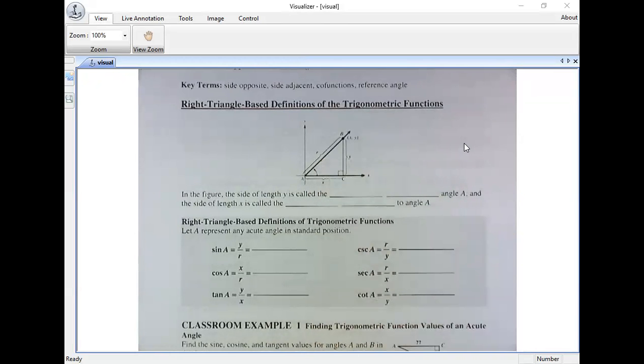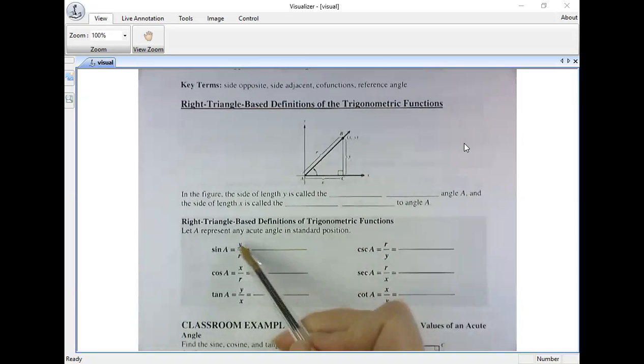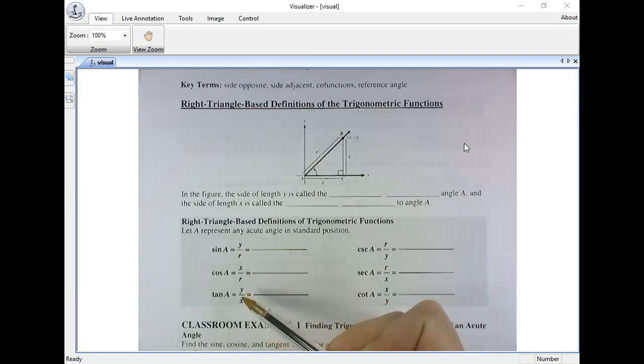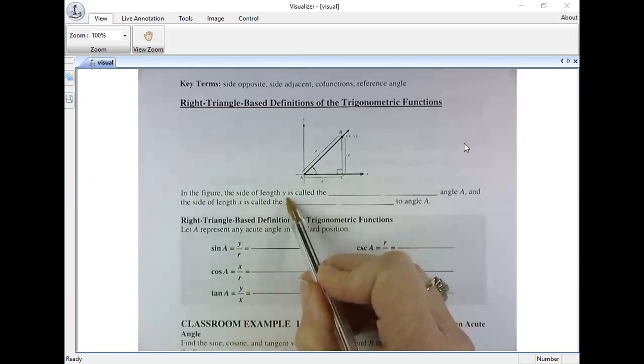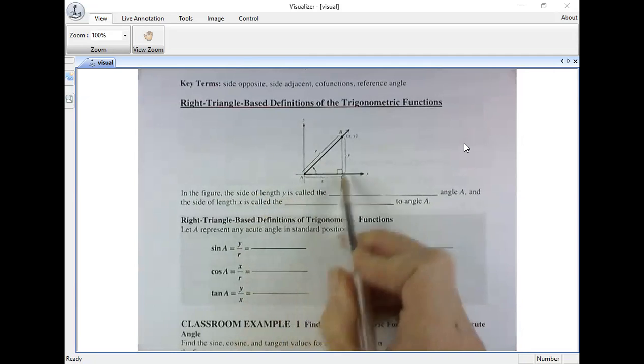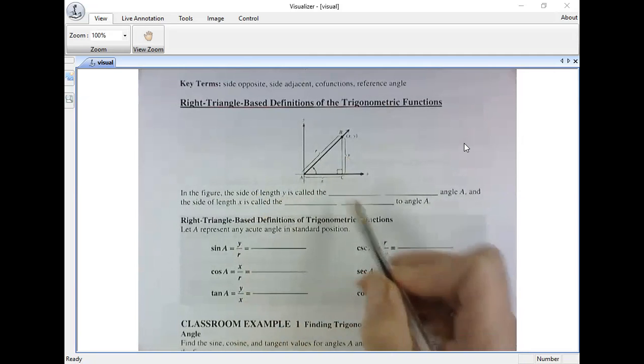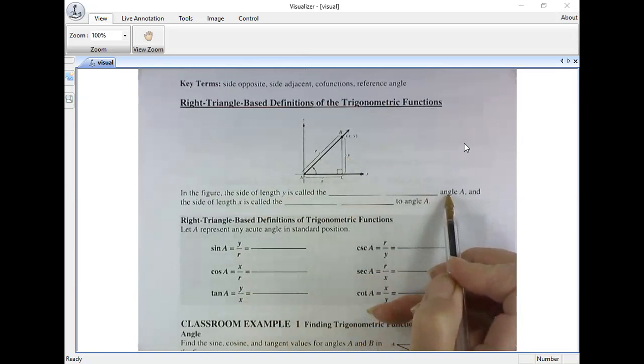We have referenced it in terms of opposite, adjacent, and hypotenuse, but we'll go ahead and use the ratios they're giving us here, and then you're going to fill in whether it's an adjacent, an opposite, or hypotenuse, all right? So, would you say that length Y in this diagram would have what position in reference to angle A?